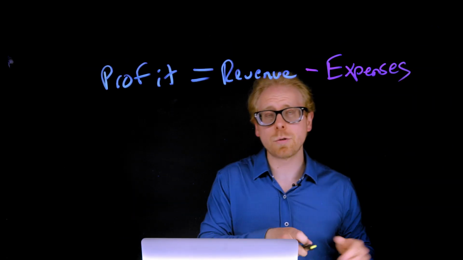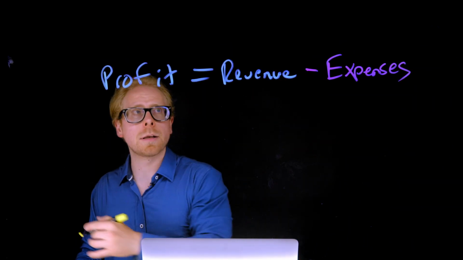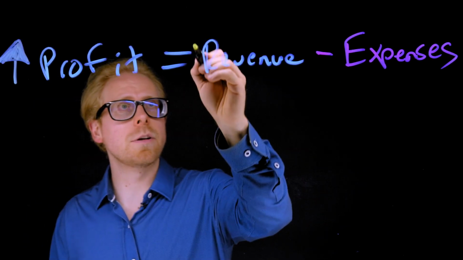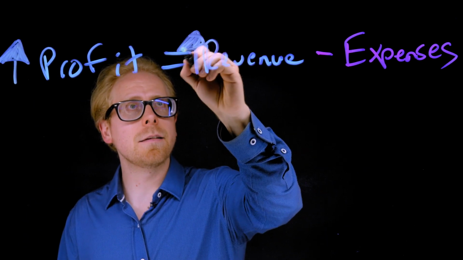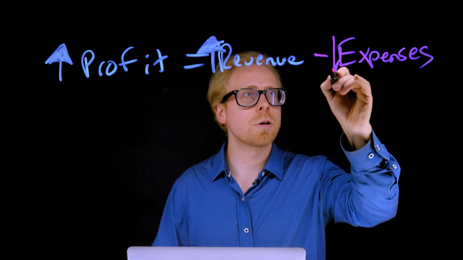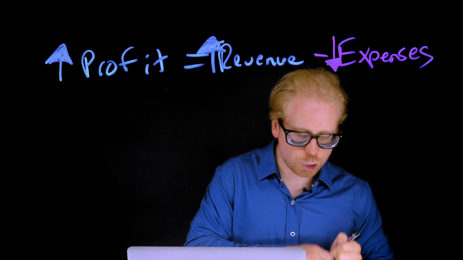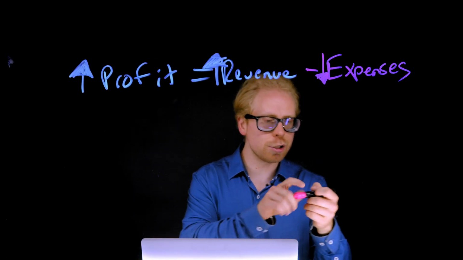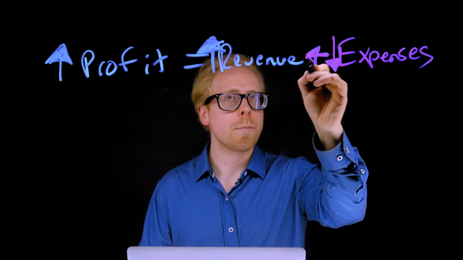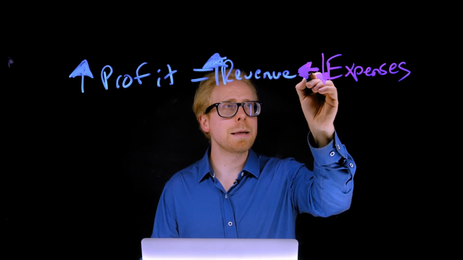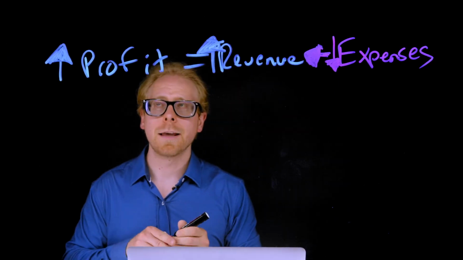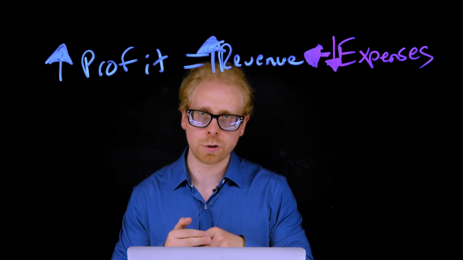But what we need to look at when we're ultimately looking at, okay, we want to increase profit, but we want to do it by increasing revenue and decreasing expenses, then what we need to make sure that we're doing is we have to change this minus sign into an arrow pointing at revenue. And this may be the first filter that you and your business, you and your department need in order to make this equation work for you.